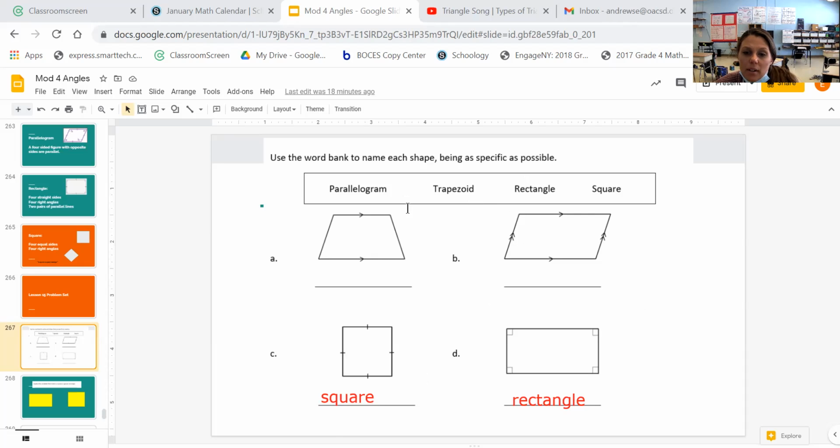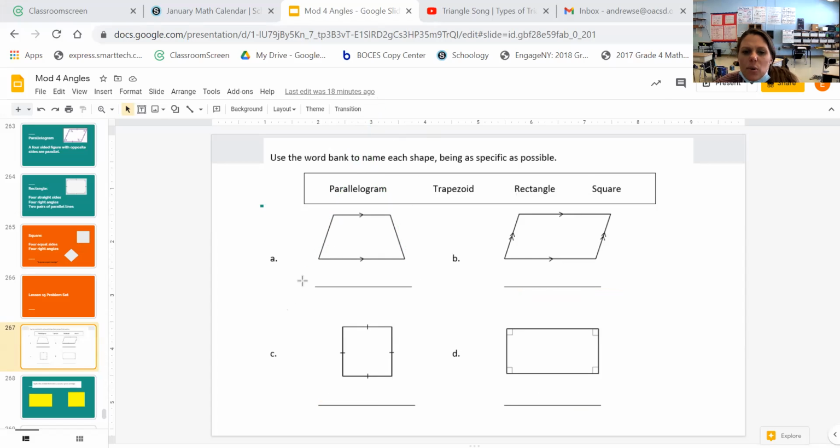Next, I have a parallelogram. A parallelogram has opposite sides that are parallel. And I know that this one is because this will never meet or intersect with the other, and the opposite ones, again, will never intersect or meet. Whereas on this quadrilateral, eventually when these lines continue, they will cross, intersect, meet, whatever you want to call it, right?